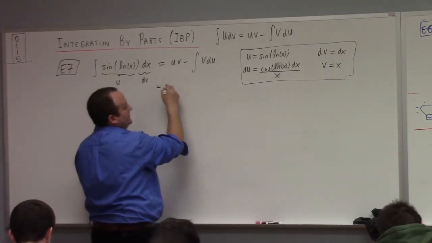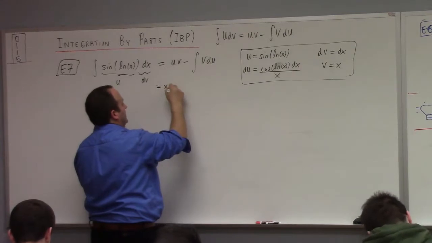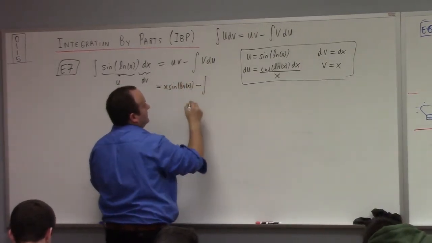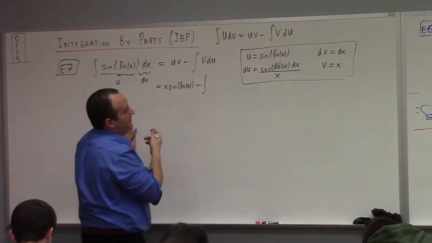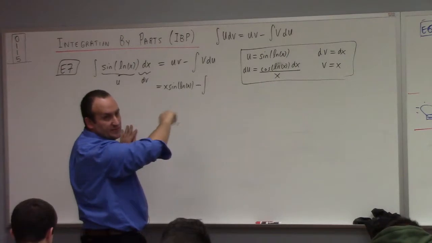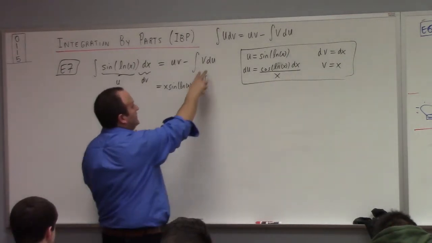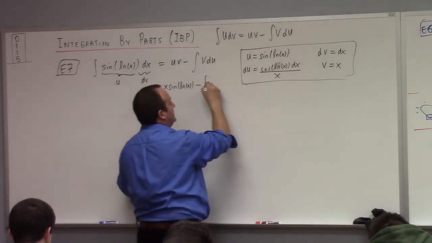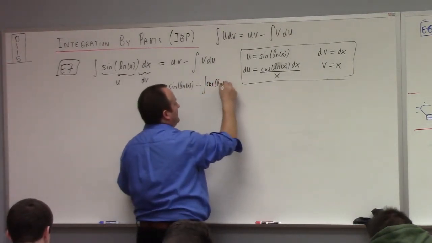It gives us x sine of the natural log of x minus the integral. Oh, something cool happens. Check it out. In the v du, the x's cancel out. See that? This x and that x cancel. And we're just left with cosine of the log of x dx.